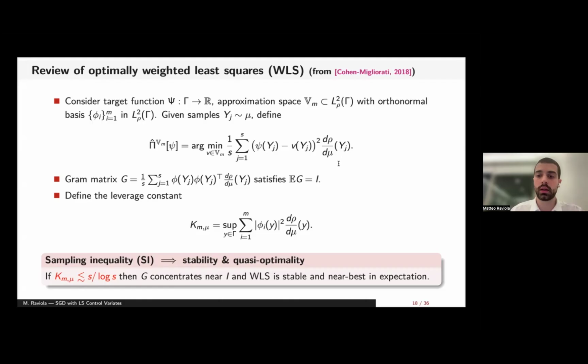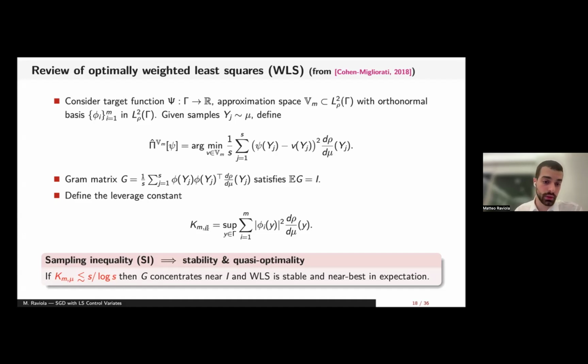And note that here we always have our weighting, the rho and the mu. Since we're taking an orthonormal basis, this satisfies that the expectation of G is the identity. And then we can define this leverage constant, this quantity K, which, it's not so important how it's defined, but the important thing is that it depends on our space M and the measure mu.